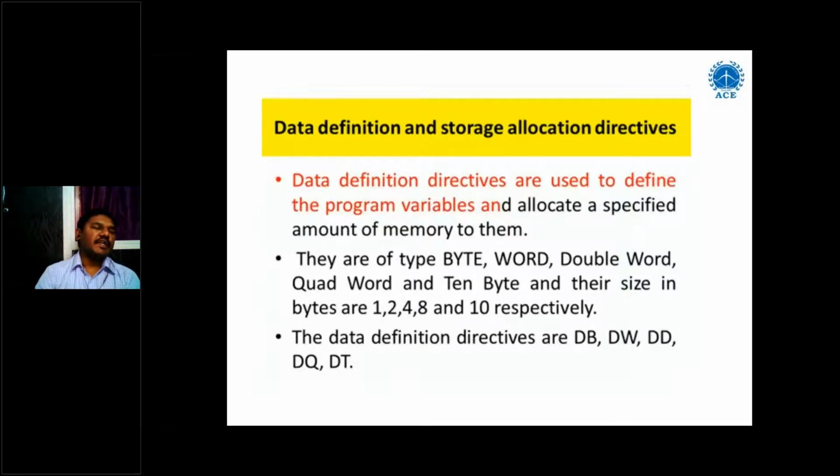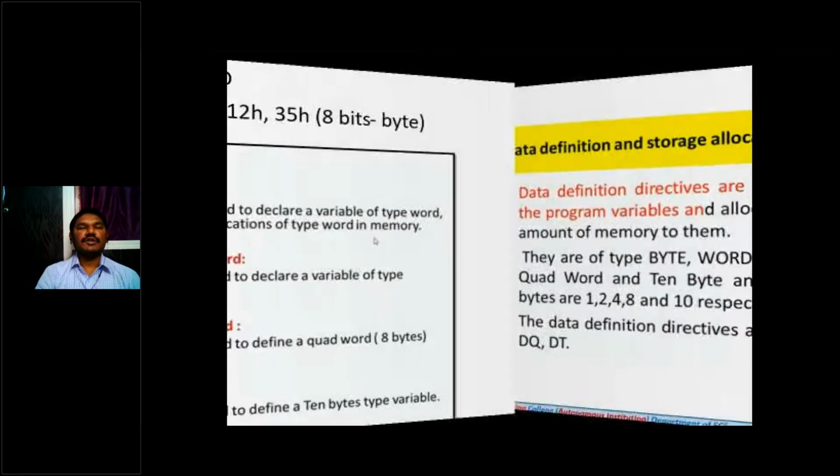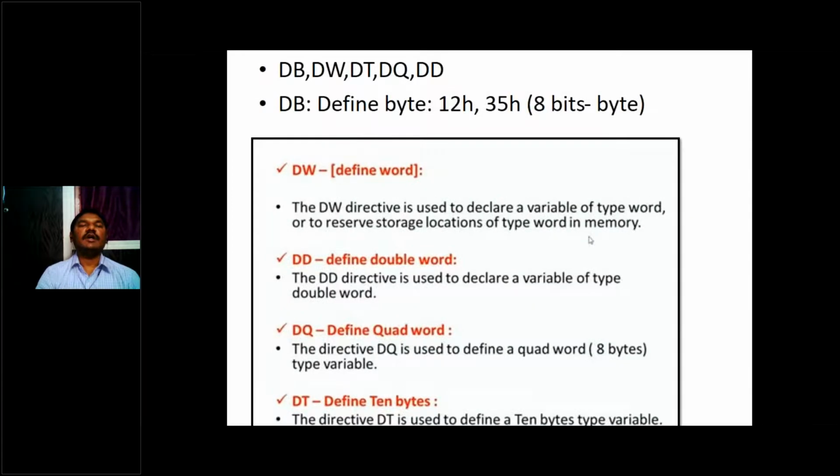But do you have any name for the representation of 2 bytes? For 4 bytes? For 10 bytes? These are known as data definition and storage allocation directives. So here DB, DW, DT, DQ, DD are called data allocation directives.